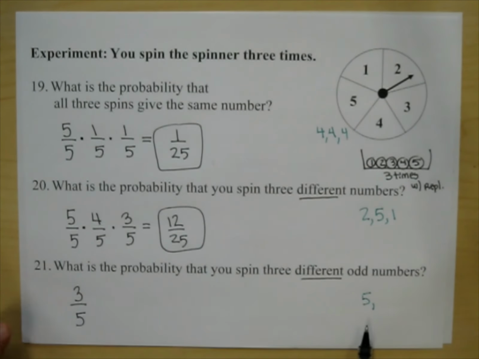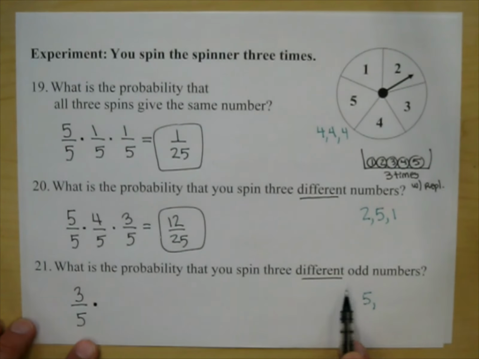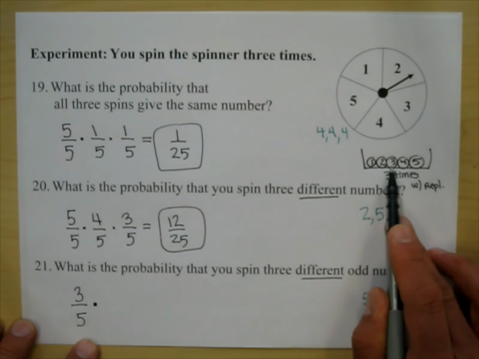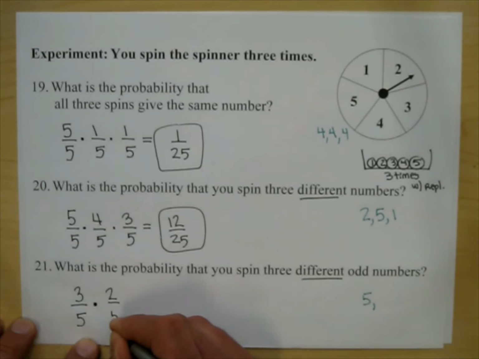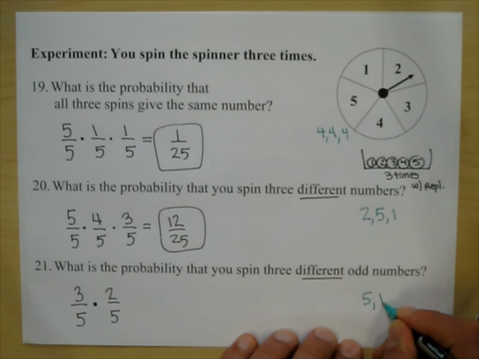Okay, so if you spin a 5 the first time and you're trying to get different odd numbers, then you only have 2 more odd numbers that you can spin, a 1 or a 3. So the probability of that would be 2 out of 5. So let's suppose you spin the 1.